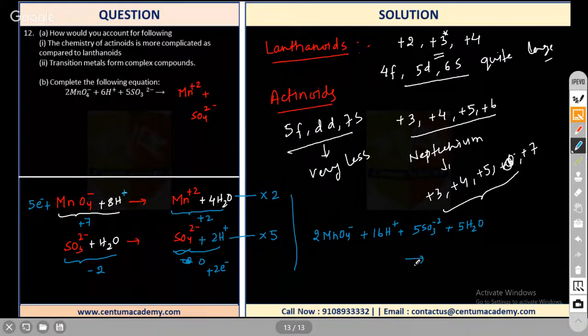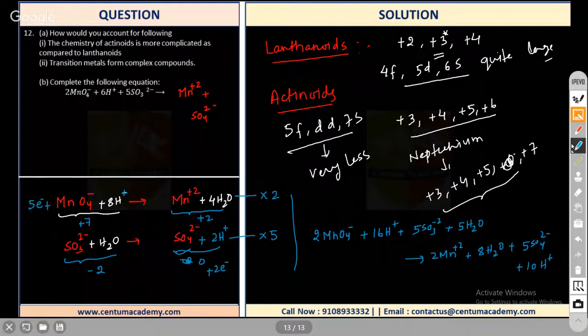On the product side we have 2Mn plus 2, plus 8H2O, plus 5SO4 2 minus, plus 10H plus.